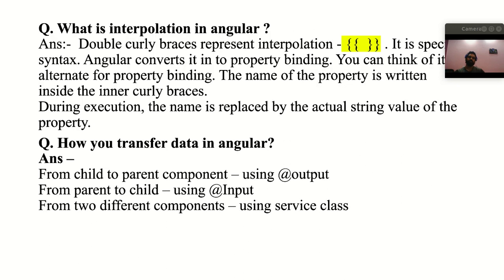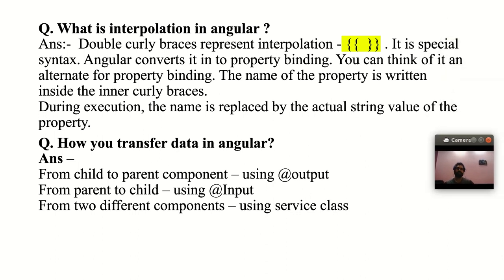So the next question was, what is interpolation in Angular? Basically, interpolation is a property binding, and it is defined with double curly braces, right? So double curly braces represent interpolation. It is a special syntax, and Angular converts it to property binding.